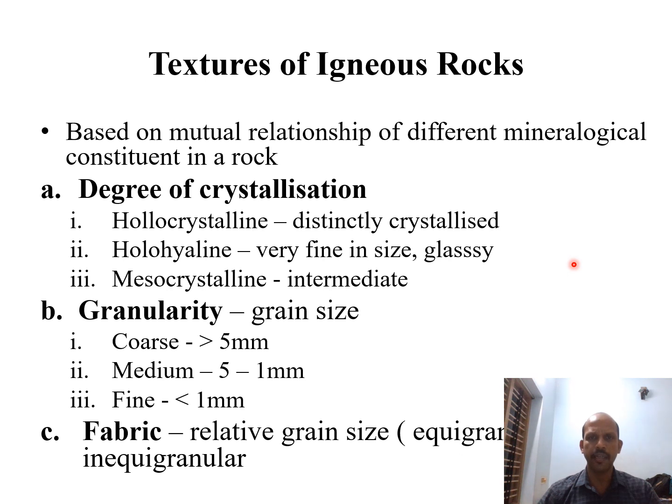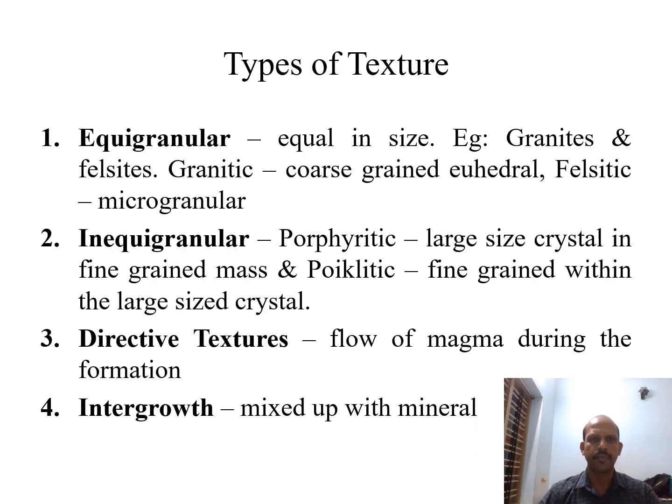And hypocrystalline is intermediate. Grain size is between 1 mm to 5 mm. Depending upon the grain size, it's divided into coarse grain, medium grain, and fine grain. And fabric is relatively the equigranular texture fabric.